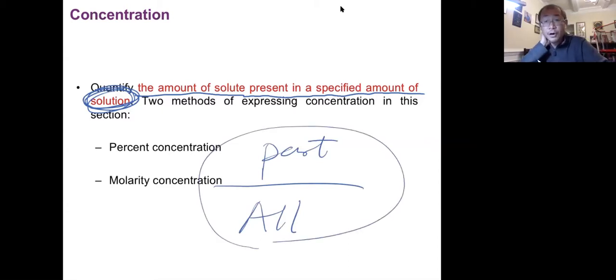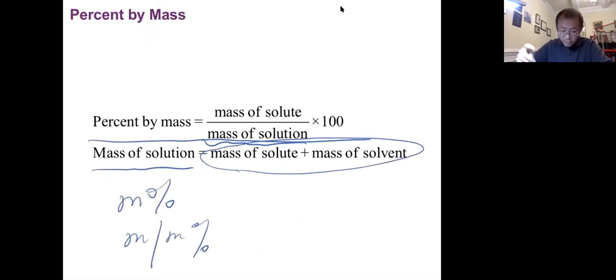What is the part? Solute is the part. What is all? Solution is the all. Always the case, no matter what concentration we're talking about in the next lecture. Part per all. For example, mass of part over mass of all.